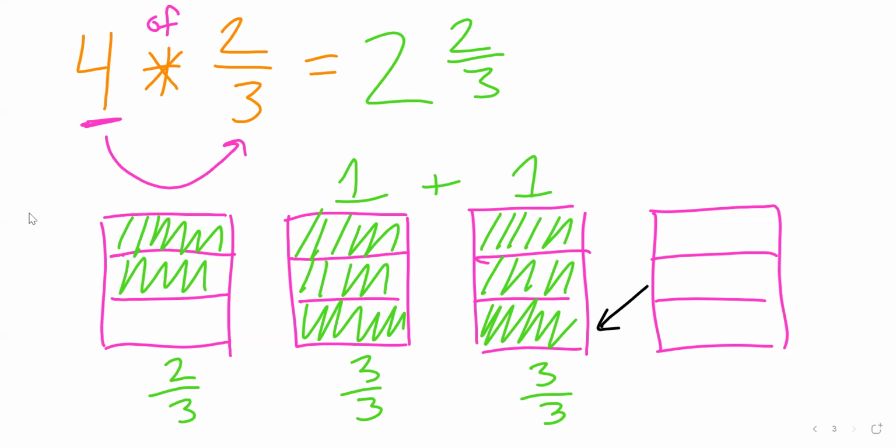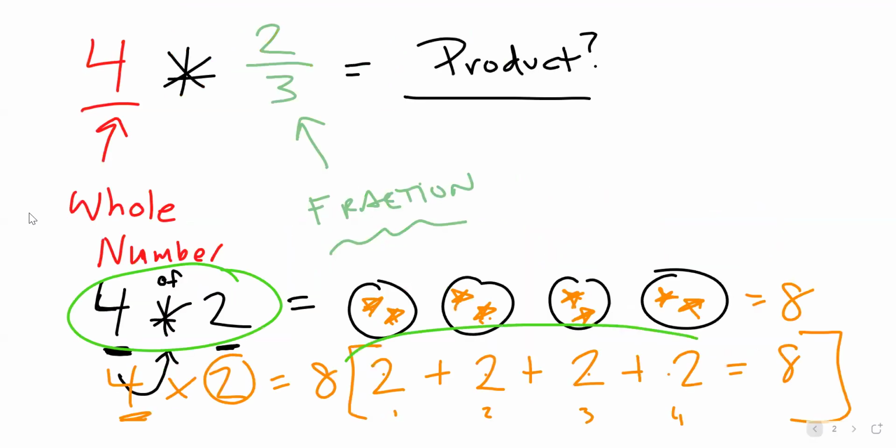So let's look at another example with this. But this time, instead of thinking about just drawing all the models and moving things over, let's look at it in this concept of repeated addition. So let's see here. Why don't we take 8 times 3/4?